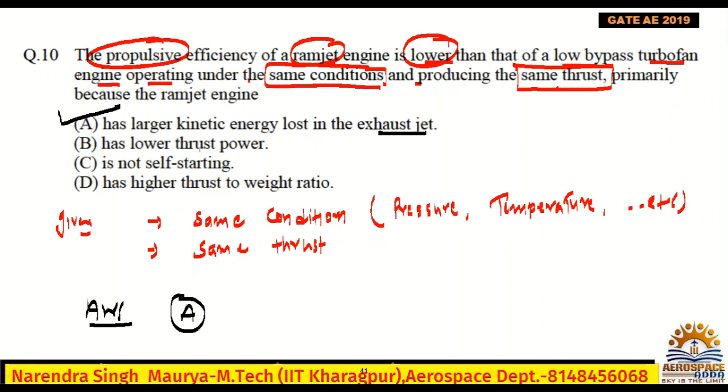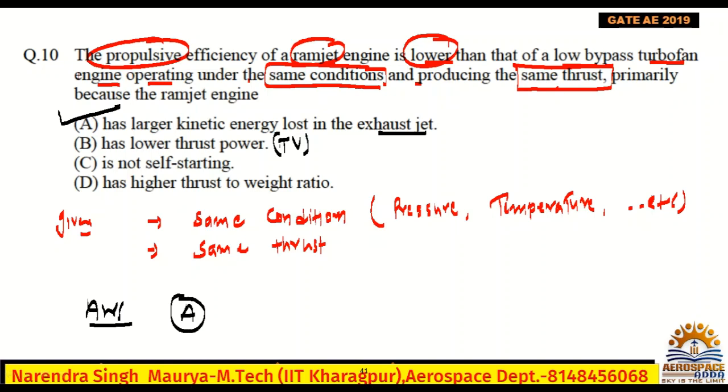Has lower thrust power? No. Lower thrust power means thrust into velocity. If this thrust power is decreasing, it means numerator and denominator in both cases are decreasing, so the eta P value will not change, because in numerator and denominator both places thrust power is given. Is not self-starting?